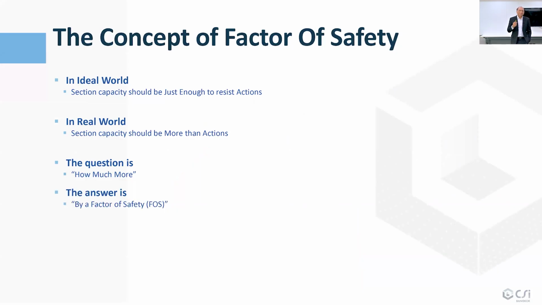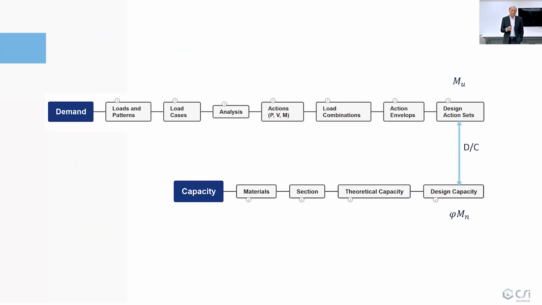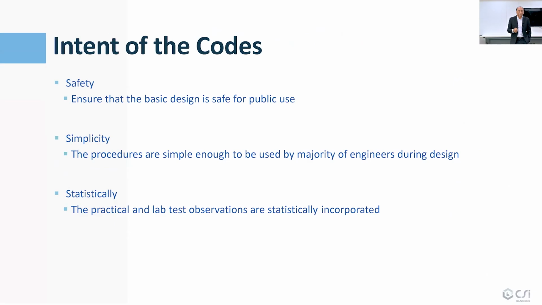This factor of safety is what we should now include in our theoretical calculation of the capacity equations. So for the DC ratio you looked at, Mu and phi Mn, we now put a phi factor to reduce that theoretical capacity by a certain factor, and also increase the Mu by a certain factor.